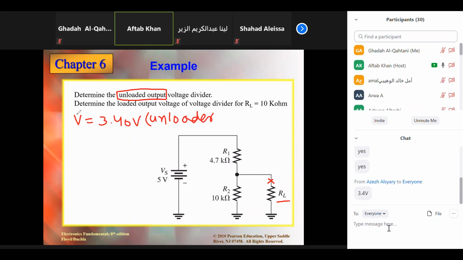Now, second part. This is part A, half of the question. Part B: determine the loaded output voltage for the voltage divider when RL is 10 kilo ohm. So now we need to consider this one, and it is given as 10K. Calculate now again.